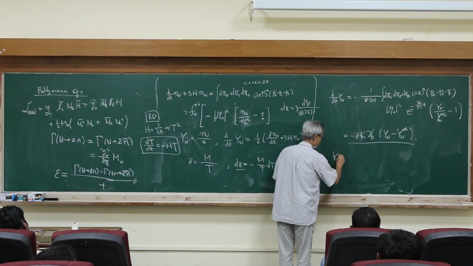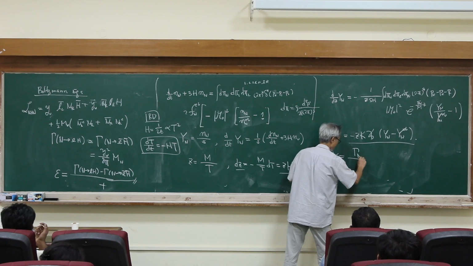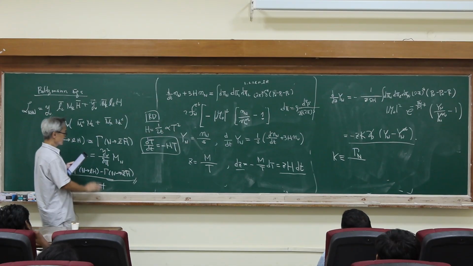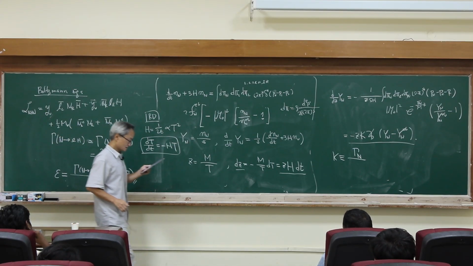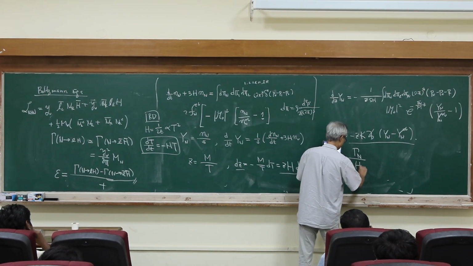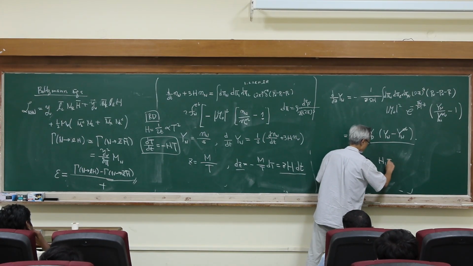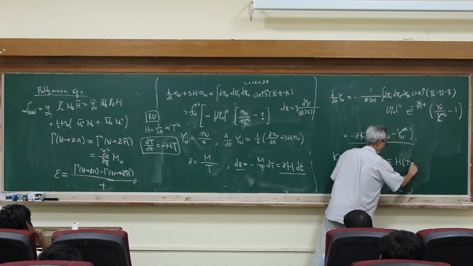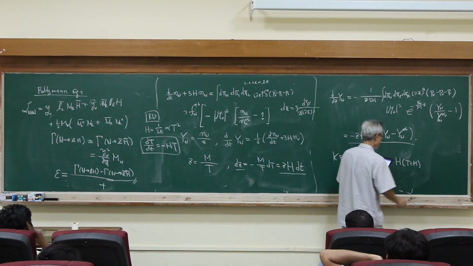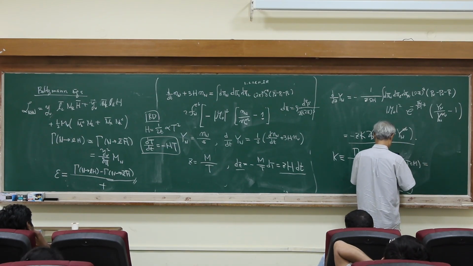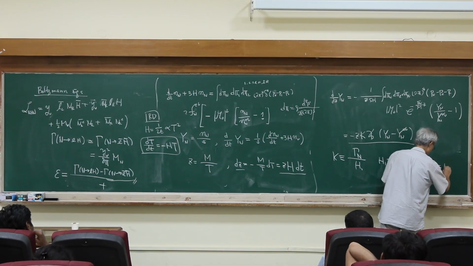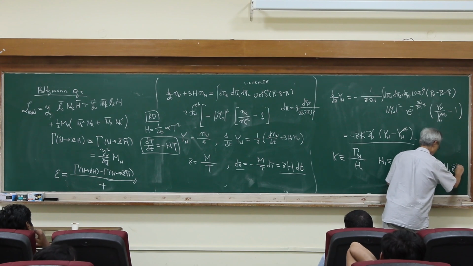Here K is the right-handed neutrino decay parameter. It's the zero temperature decay rate. And then H1 is just H at T equals M. So H is nothing but H1 times Z to the minus 2.